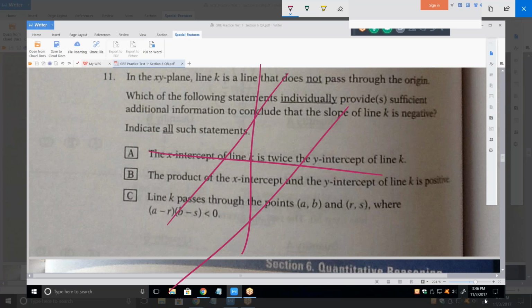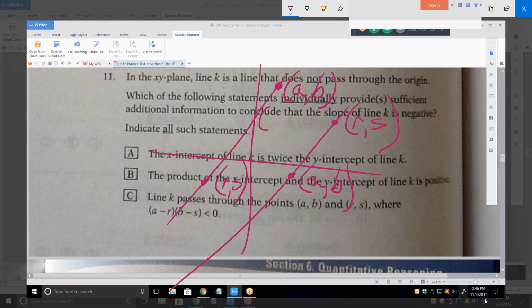The reason I consider those drastically different is because if I label my points, that has a positive A and a positive B. That has a negative R and a negative S. This has a positive A and a negative B. This has a positive R and a positive S. So these two lines actually allow me to cover most any kind of positive slope, wherever A and B are or wherever R and S is.